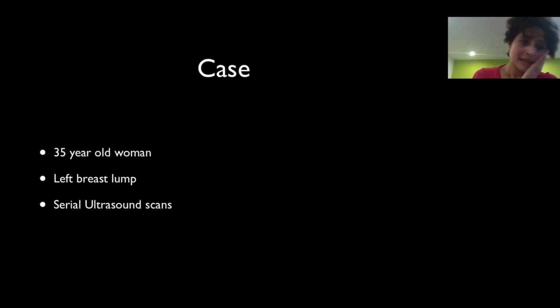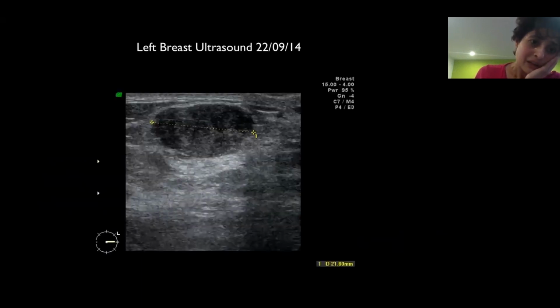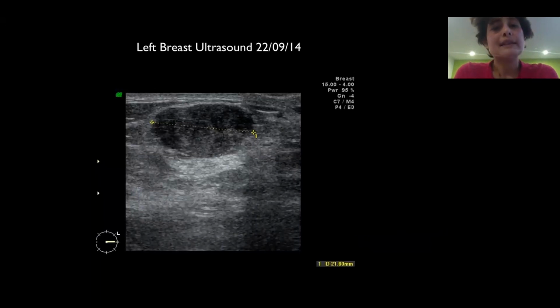So the next case, a 35-year-old woman with a left breast lump, and she had serial ultrasound scans. So this was in 2014, and in the left breast, the outer half of the left breast, as can be seen by the marker there, is a well-defined hypoechoic oval lesion, which is wider than taller.